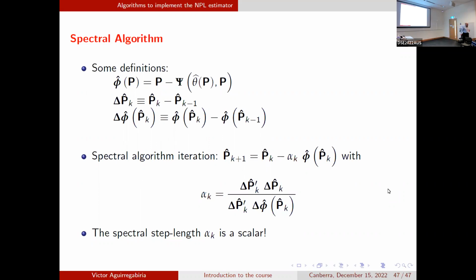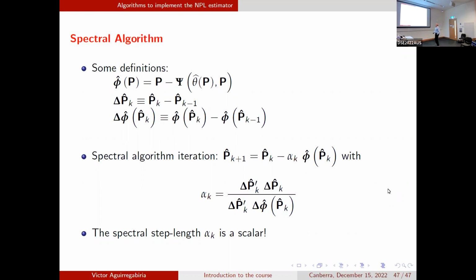That's the reason why we didn't want to use the maximum likelihood estimator, because we want to avoid the repeated computation of this Jacobian matrix. That is the trade-off. We could get convergence without any problem if we compute the NPL estimator by using Newton's method in this system of nonlinear equations. The problem is that it's going to be computationally costly, of the same order of magnitude as the maximum likelihood estimator, because it requires the repeated computation of this Jacobian.